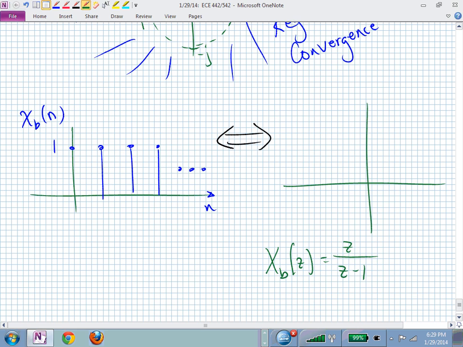Yes. So now my pole zero diagram in the z-plane actually does have a 0, an open circle, right at the origin. And I have a pole. Where's that pole? Right at 1.